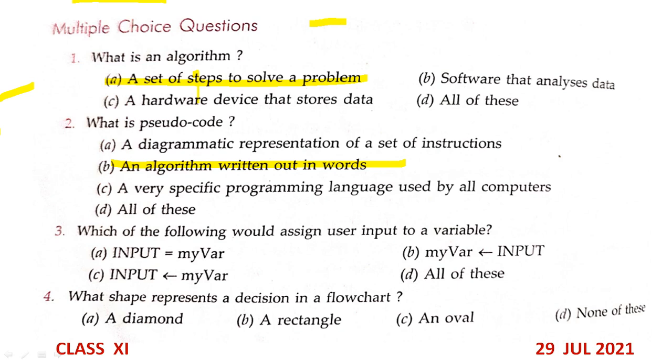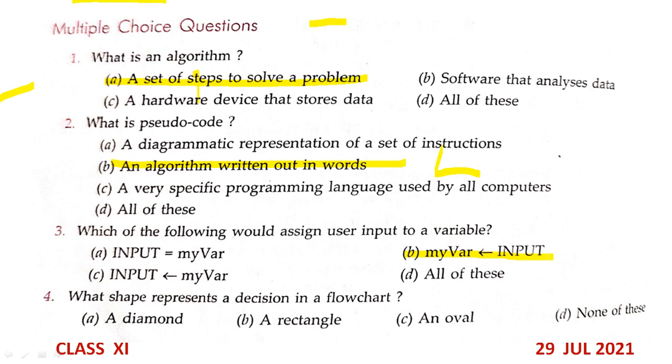So, my input equal to my variable is not correct, and input my variable is not correct. The answer is whatever you input will be stored in my variable. Therefore, answer is B.